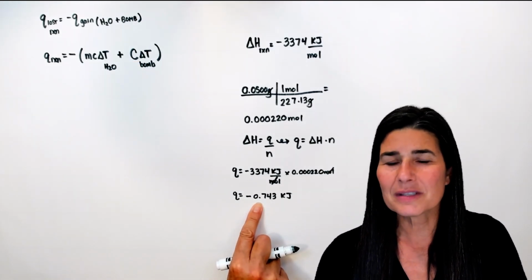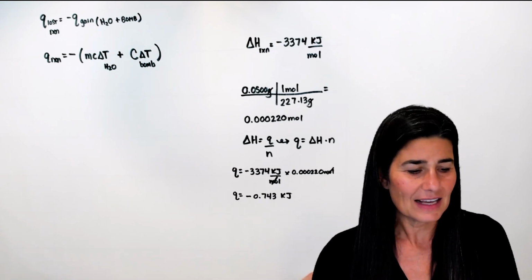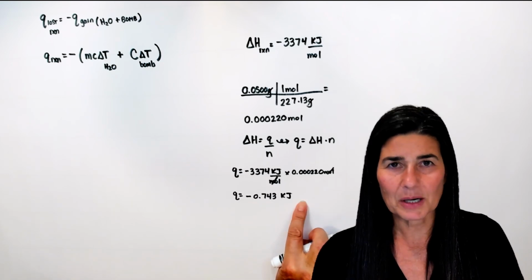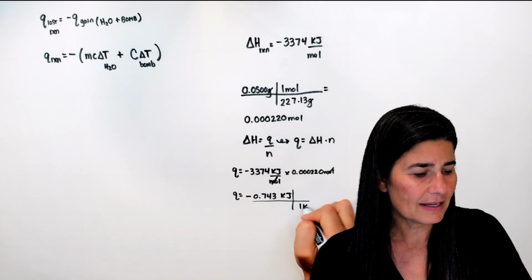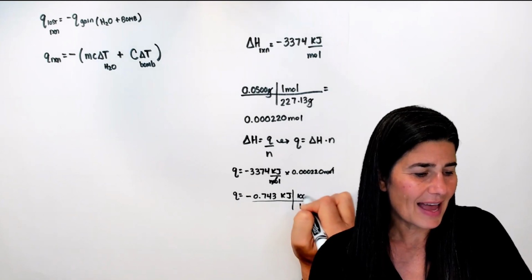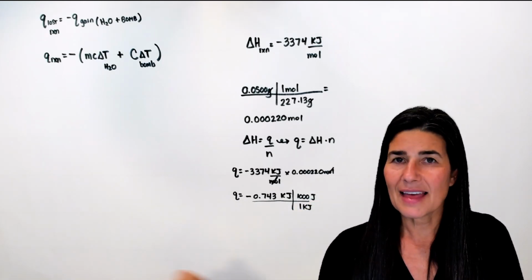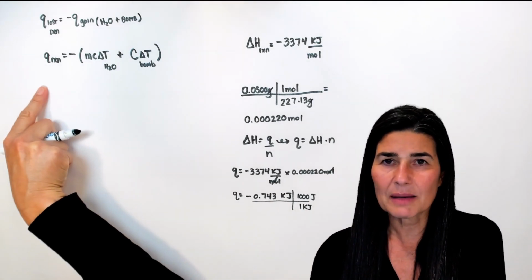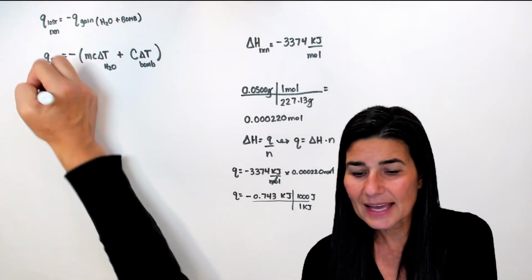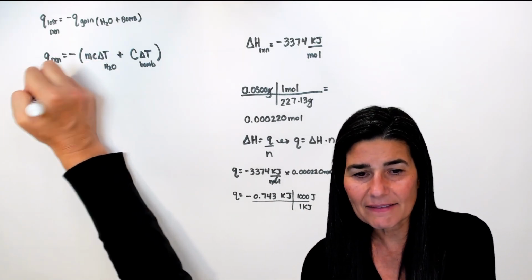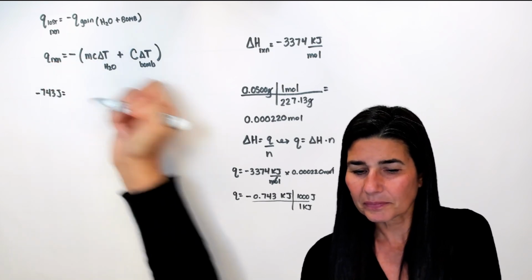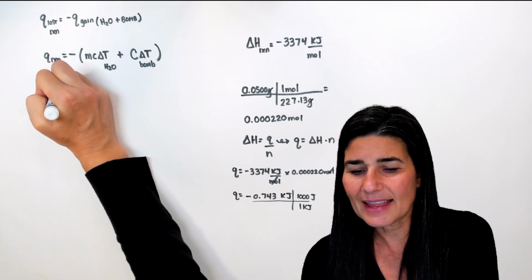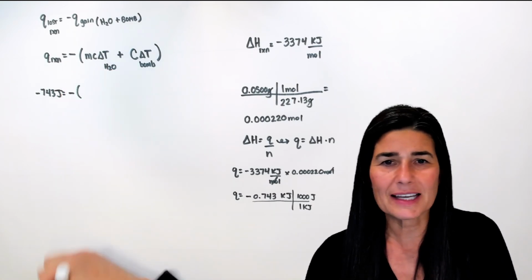How do we get joules? Multiply by 1,000. For every 1 kilojoule, there's 1,000 joules. Then we get our heat released, and we can plug that in over here. That is negative 743 joules. That's going to equal negative. All right, let's plug in our values.